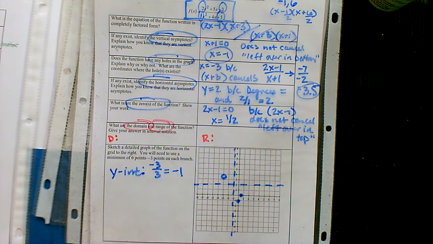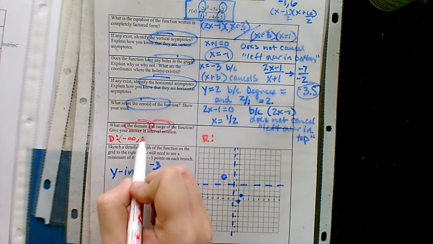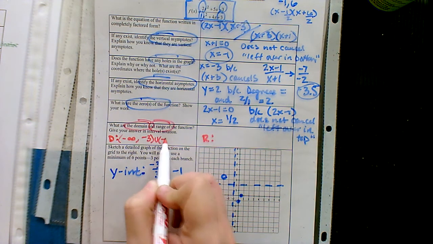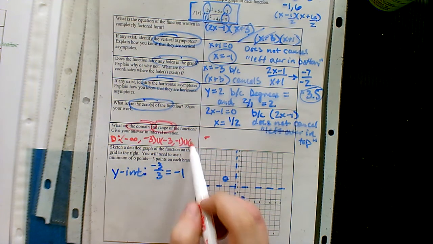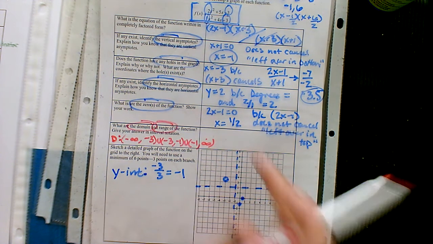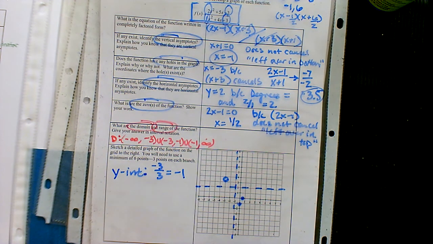Let's see. Even though I don't have a graph yet, what do you think, Lainey? Okay, so how did you know you had to skip over -3 and -1?